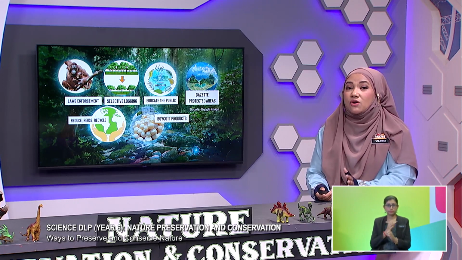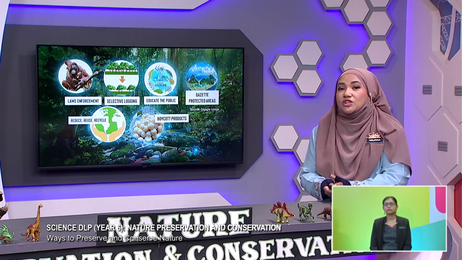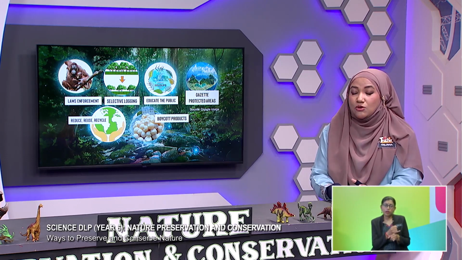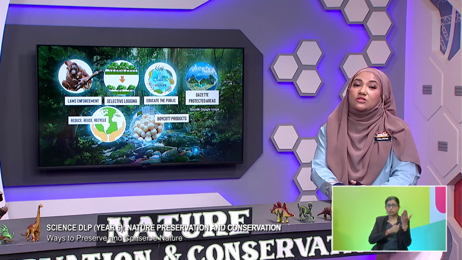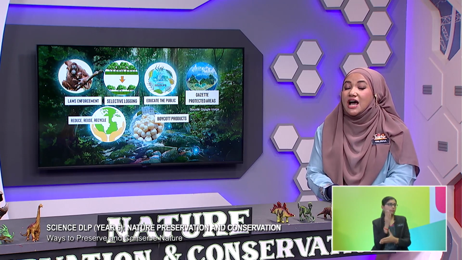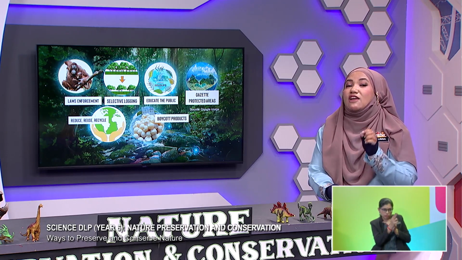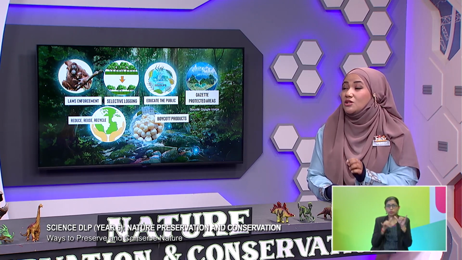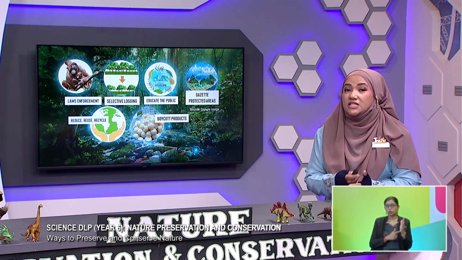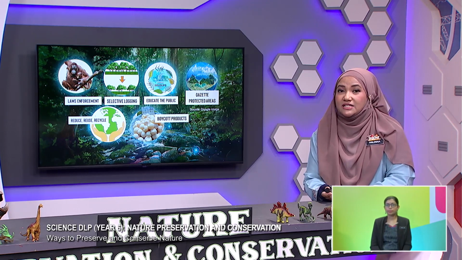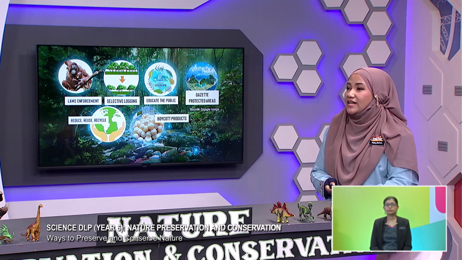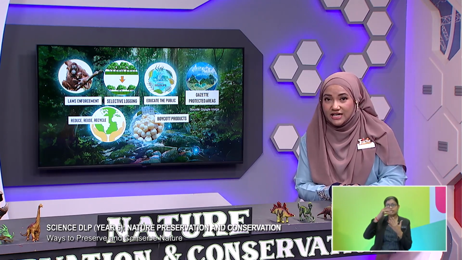So that is what we call endangered animals. These animals need to be kept in their original place, and we must make sure that others won't destroy their place and also will not hunt them. So we need to enforce stricter laws for that. That is what we do to preserve these animals and also plants to make sure that they will not become extinct.